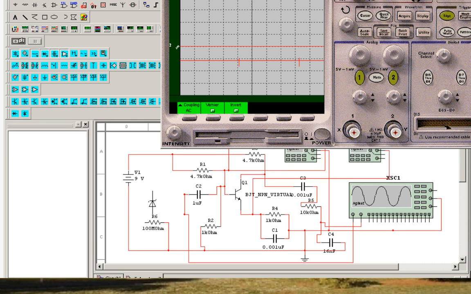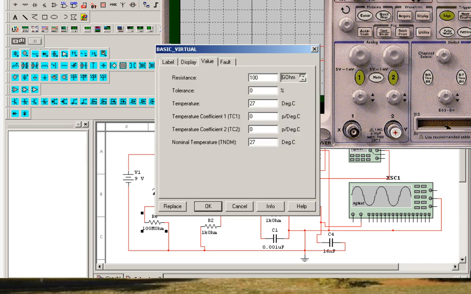Diodes, Zener, 5-volt Zener diode, and we will use, let's change this to 100K.